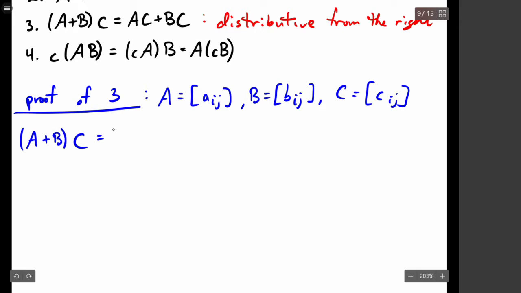So we need to write out what this is. There's a few steps in this one.